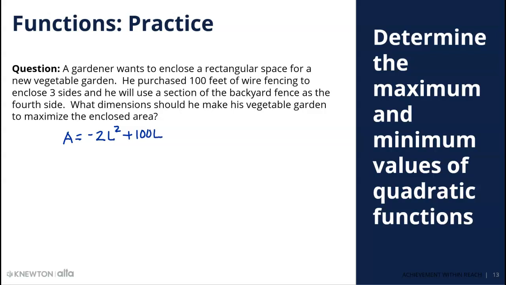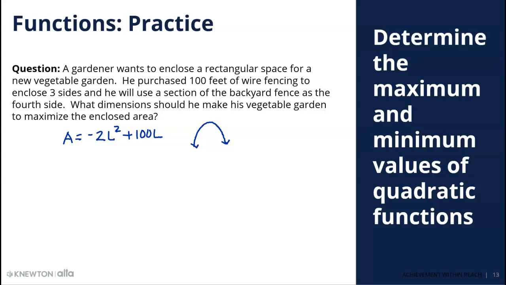Notice that this is a parabola whose a is equal to negative 2. That means we have here a parabola that opens downward. That means that the vertex is at the maximum point of the function.